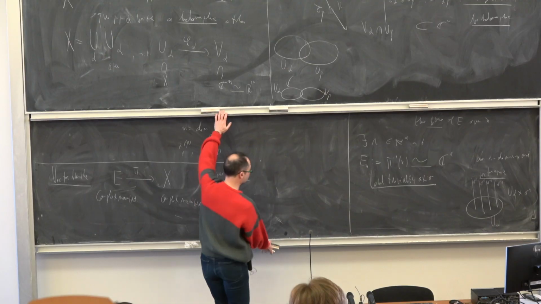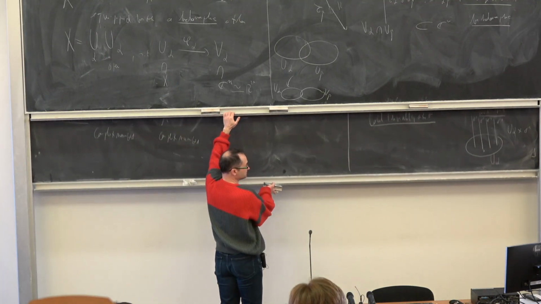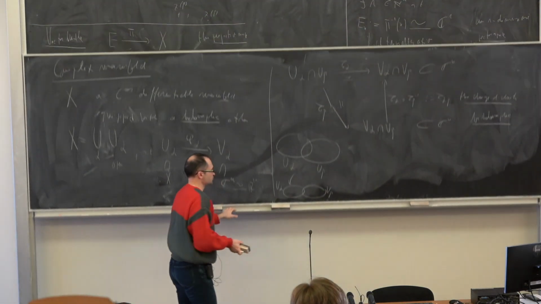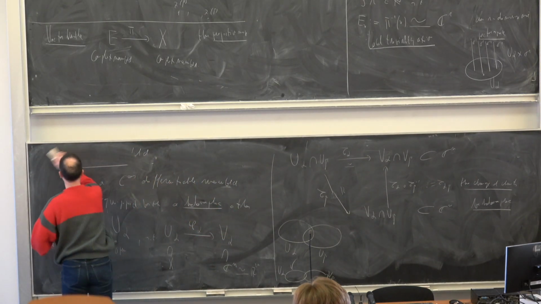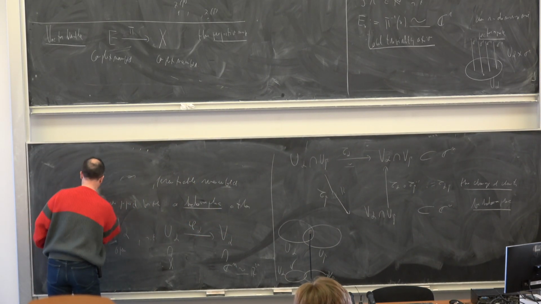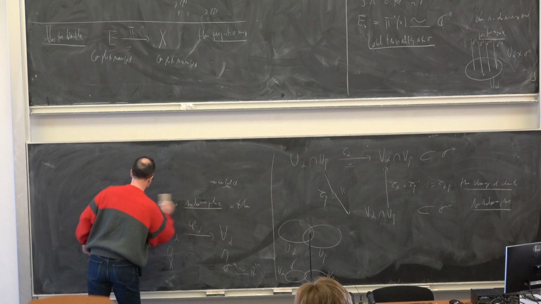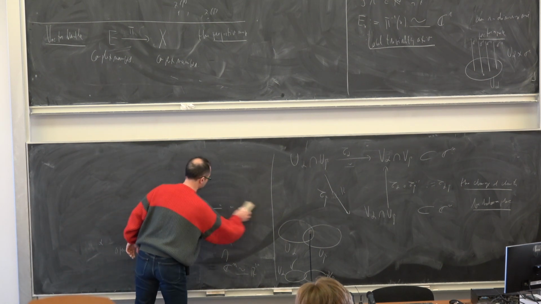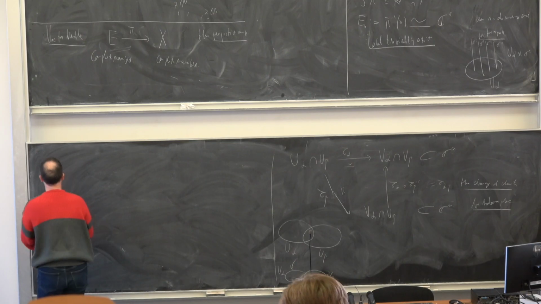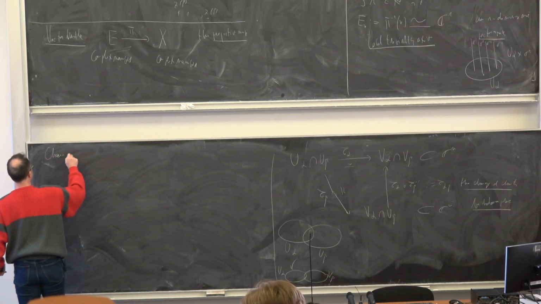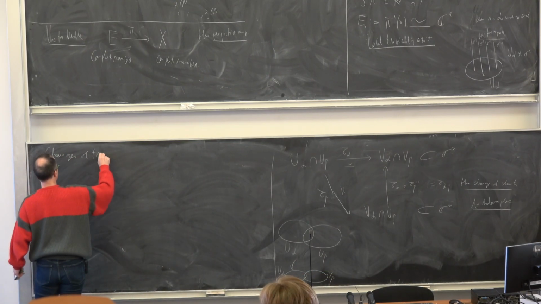So for vector bundles, we also have changes of charts, which are called trivializations or changes of trivializations. So locally, every vector bundle is trivial, and we have changes of trivializations when we go from one such trivialization to another.